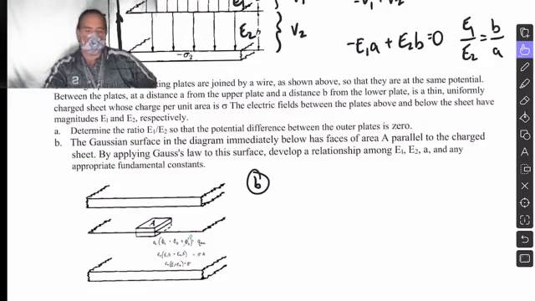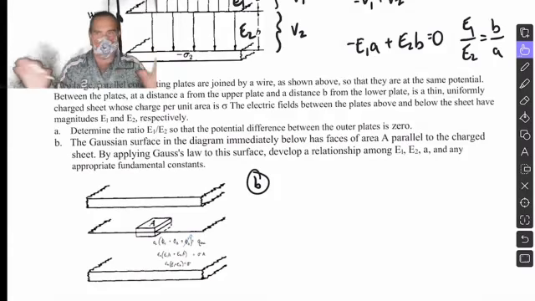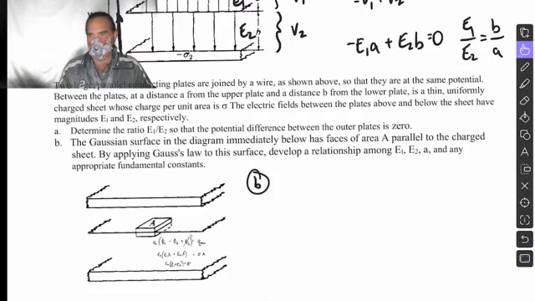So what you guys at home can't hear is that Max and I are kind of having a conversation about what to do here. He used this earlier to indicate that he thought maybe E1 and E2 were the same. And then a few folks have indicated, well, the picture suggests that the two electric fields aren't the same. The first thing I want you all to know at home is we can't count on anything about a picture.